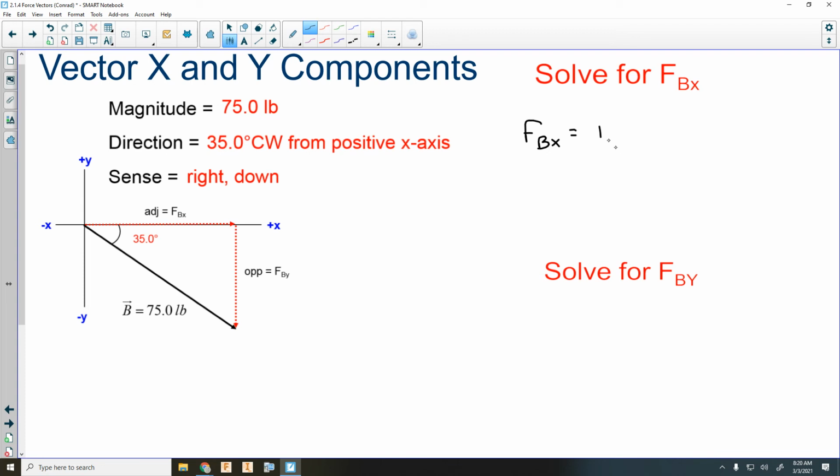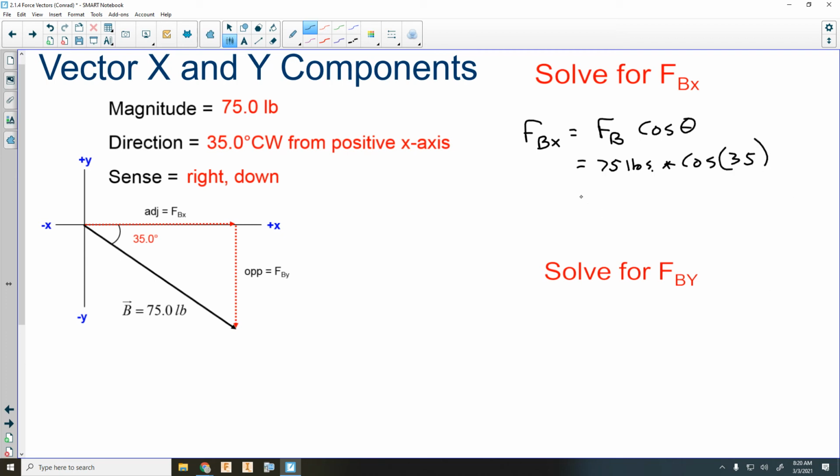Julia? Yeah, it's the force of B times the cosine of the angle. So we can write our formula down: the force of B is 75 pounds times the cosine of 35.